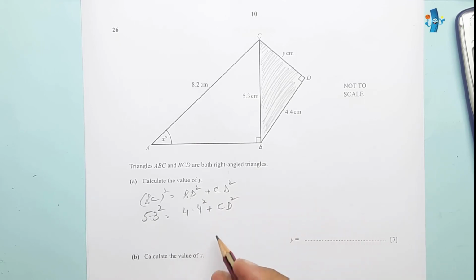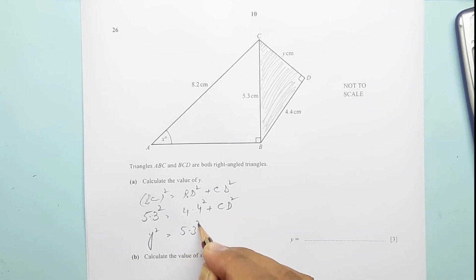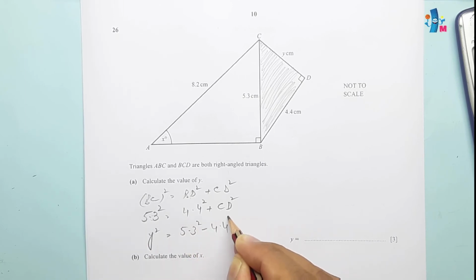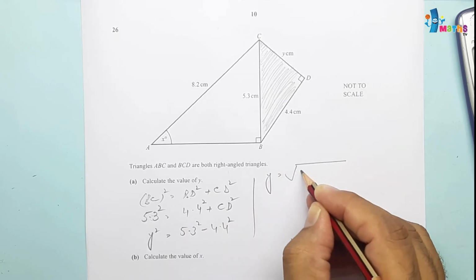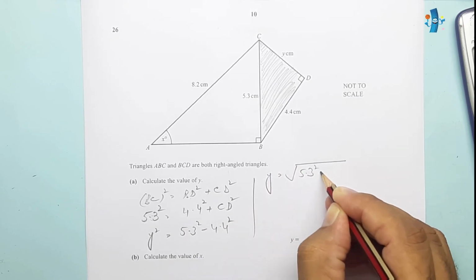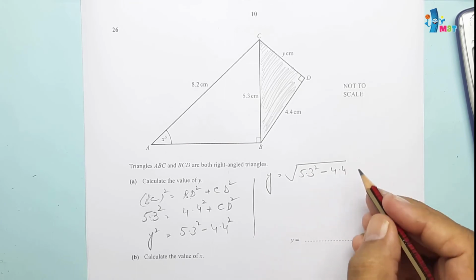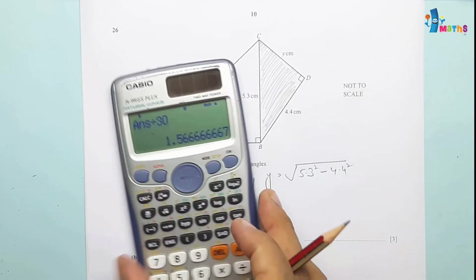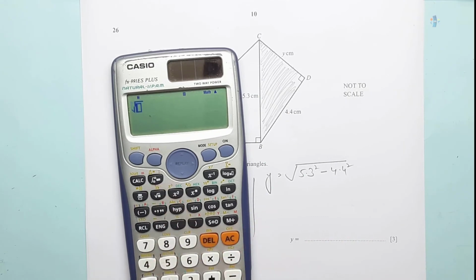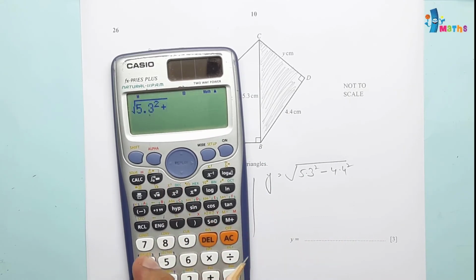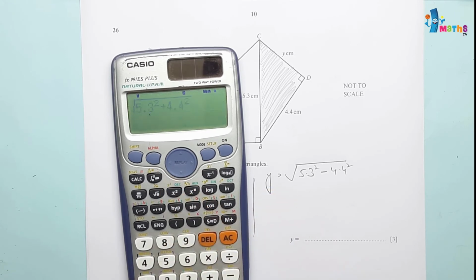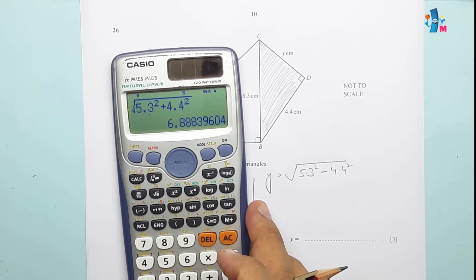Now CD squared or y squared will be equal to 5.3 squared minus 4.4 squared, and we can write y is equal to the root of 5.3 squared minus 4.4 squared, and we'll use a calculator for this calculation.